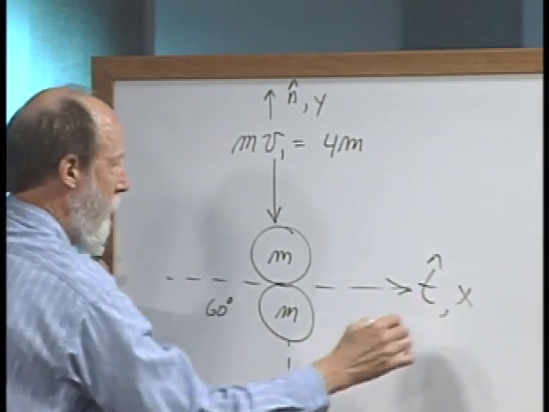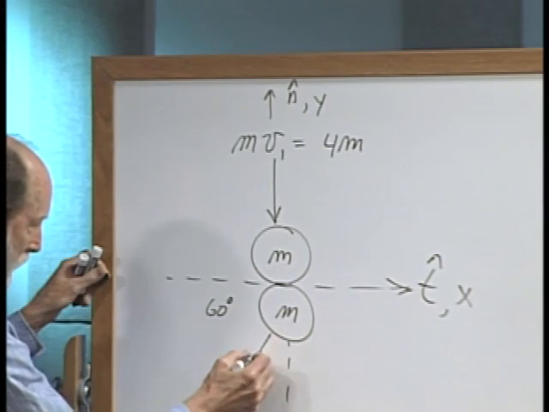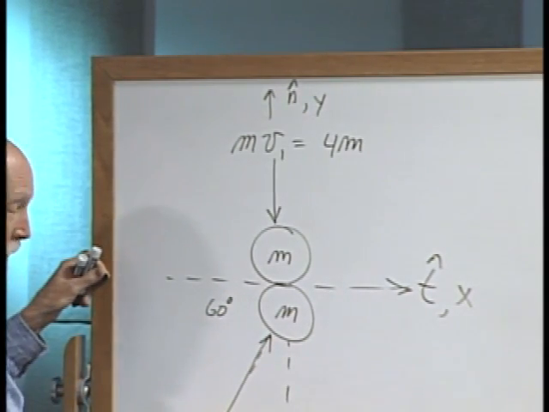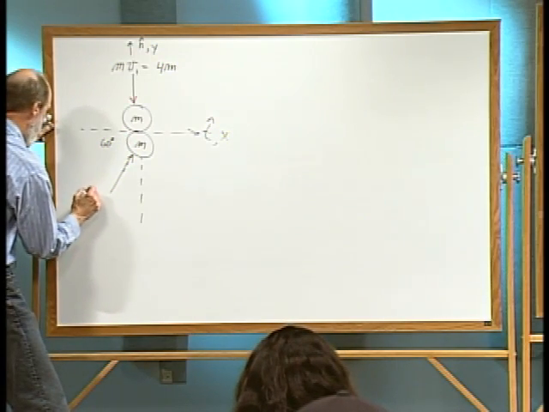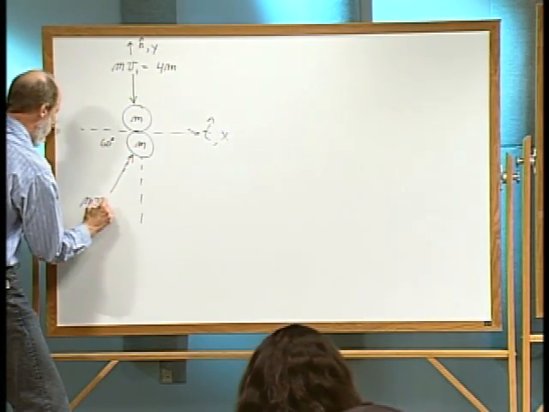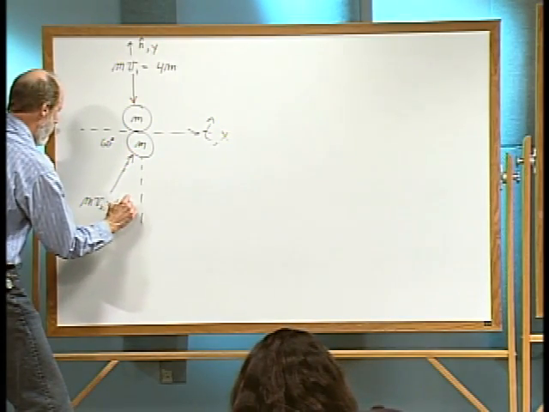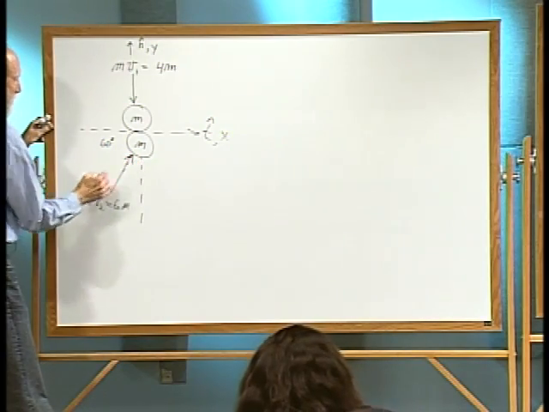This is called their x-axis. And so 60 degrees is the incoming angle. And this thing's coming in, and you said at what speed? 6 feet per second. Thank you. So m times v2 is going to be 6m, the momentum being carried by that lower particle.